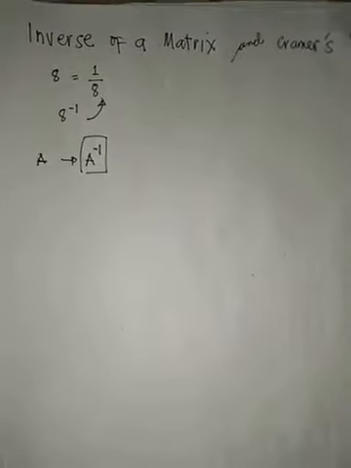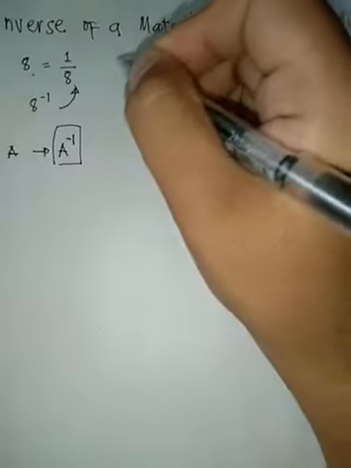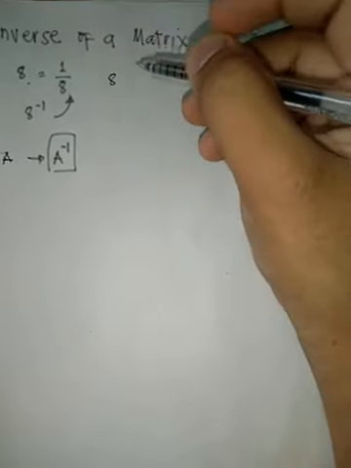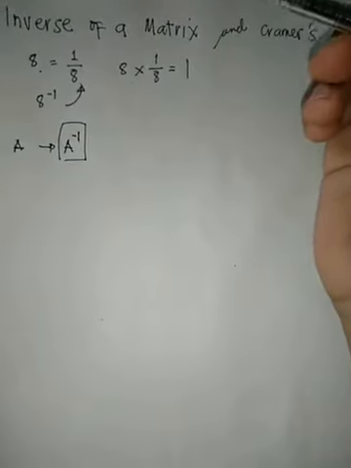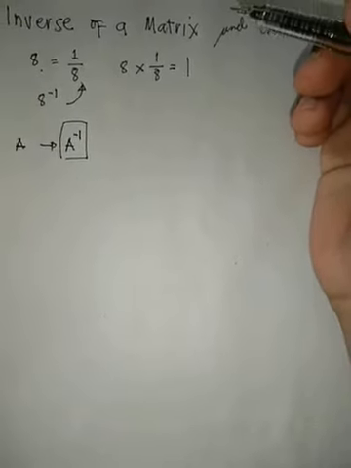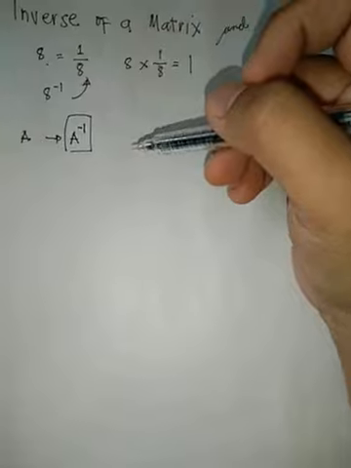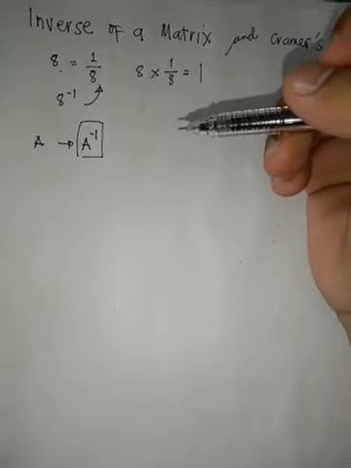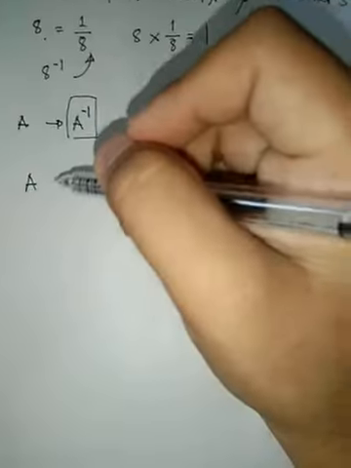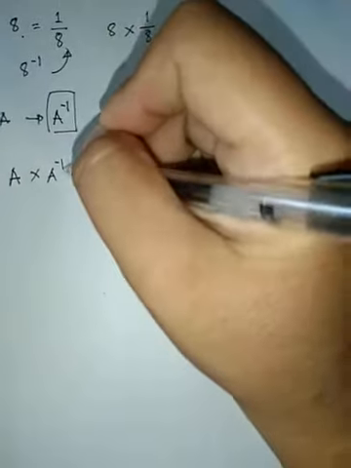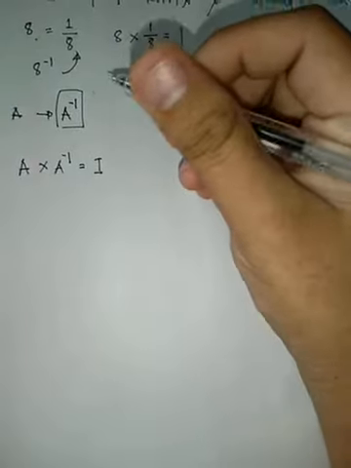So bakit siya yung reciprocal? Kasi when we multiply a number, let's say 8, by its reciprocal, the result is 1. When we multiply a matrix by its inverse, we get what we call the identity matrix. Kapag meron tayong matrix A, tapos i-multiply mo sa kanyang inverse, we get an identity matrix.